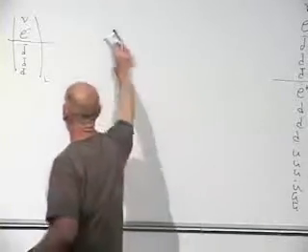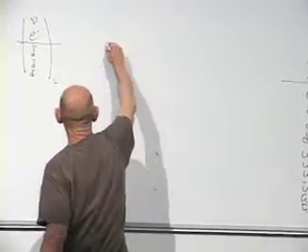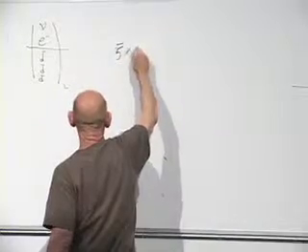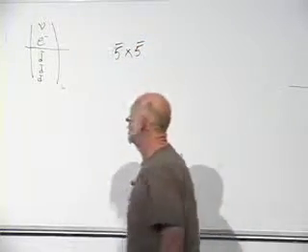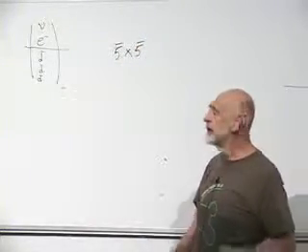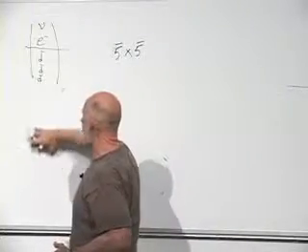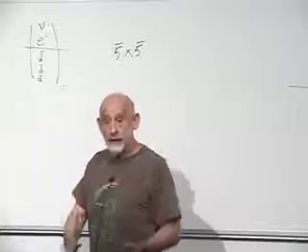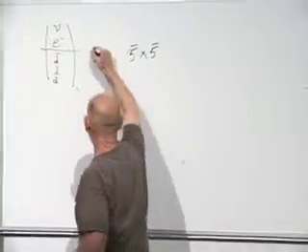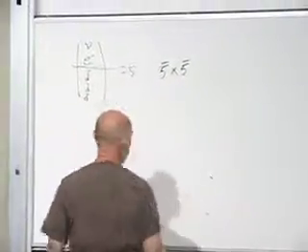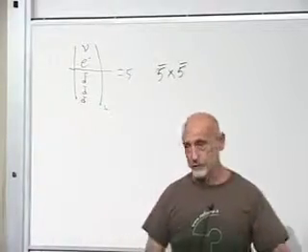I'm going to begin with the 5 bar and multiply it by the 5 bar. So what's the 5 bar? The 5 bar is the column vector describing the antiparticles of this collection. This is the 5. Let's write down what the 5 bar is.